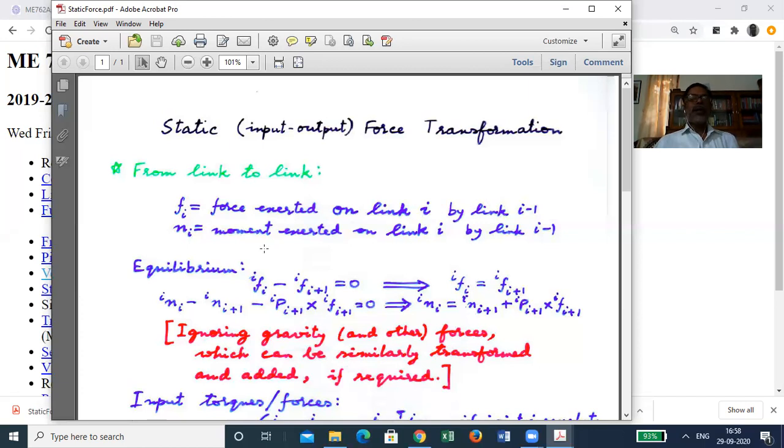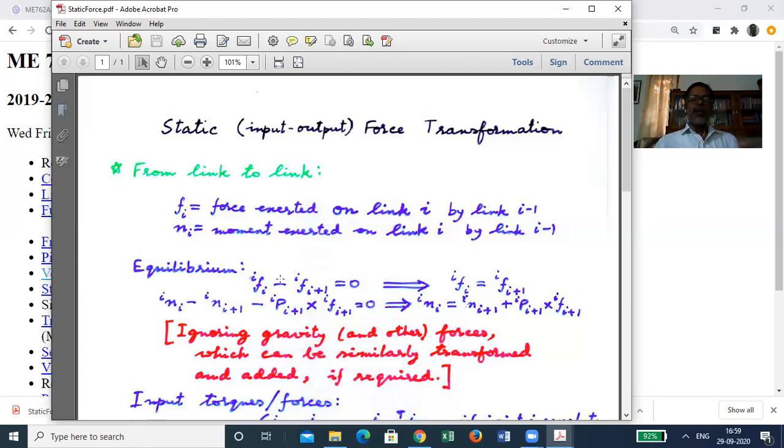Okay. So equilibrium demands that since link I will give a force Fi plus 1 to the next link and get a force from the previous link I minus 1, which will be minus Fi minus 1.